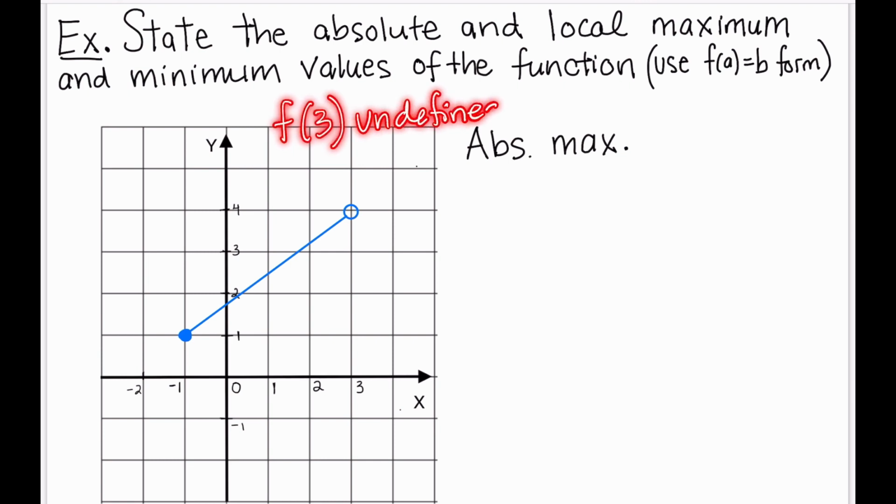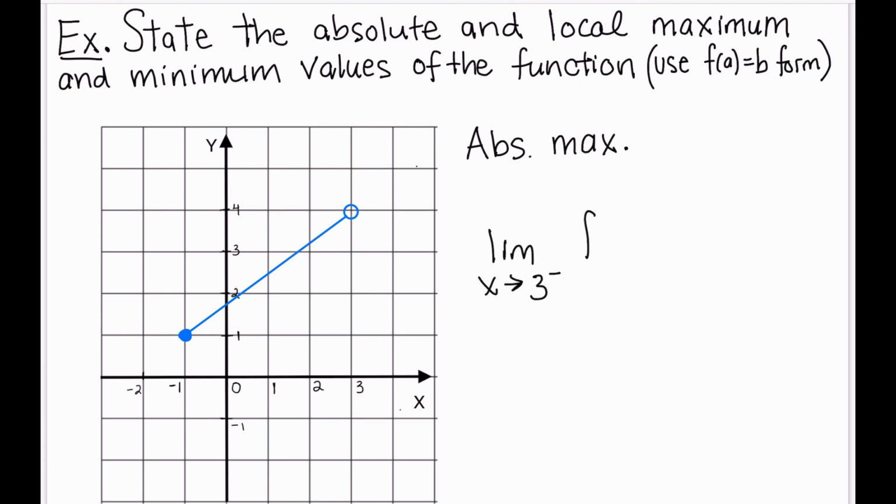We can see that as the x values approach 3, the y values approach 4. So in other words, you could say the limit as x approaches 3 from the left of f of x is equal to 4, but f of 3 is never actually equal to 4, and that's why we have that open circle. So that's something to be careful about.